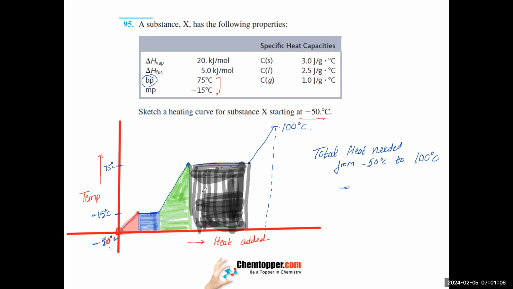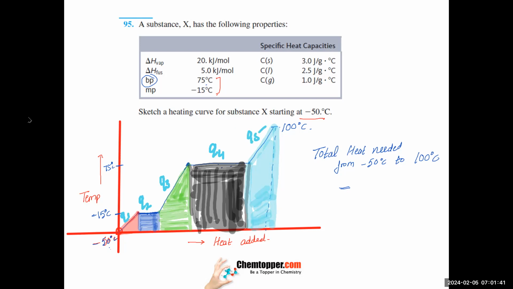This is the heat needed for boiling. Then next, this one is the heat needed to raise the temperature of the gas. The state is gas here. Okay, I'm going to call them Q1, Q2, Q3, Q4, Q5.